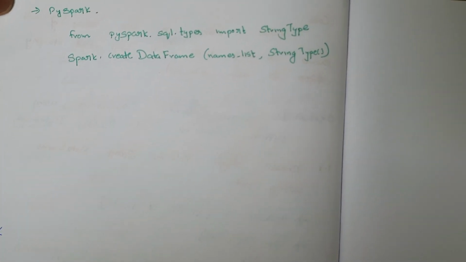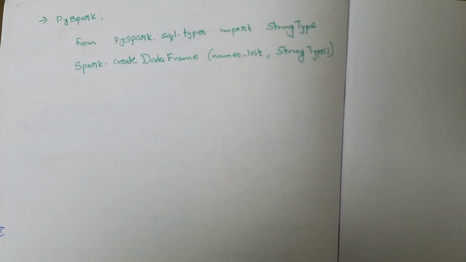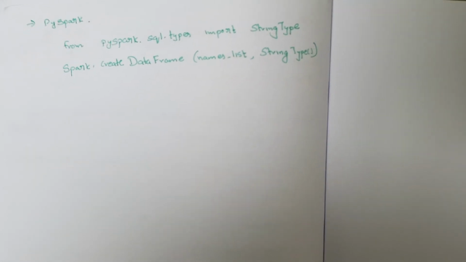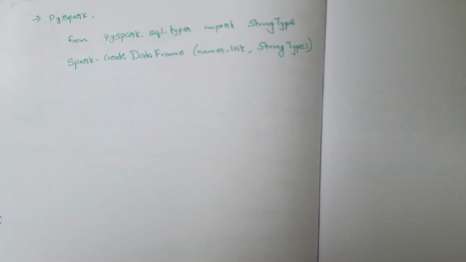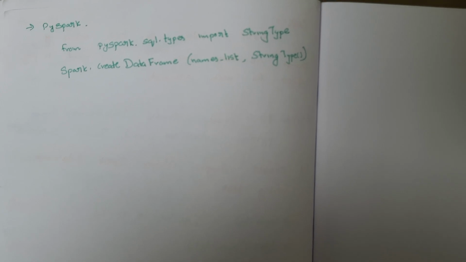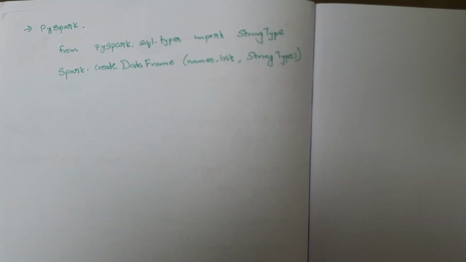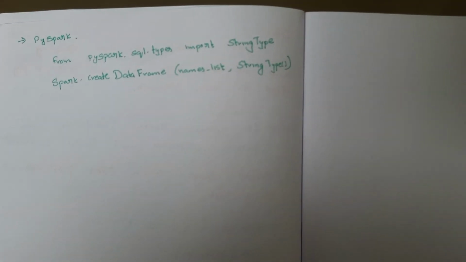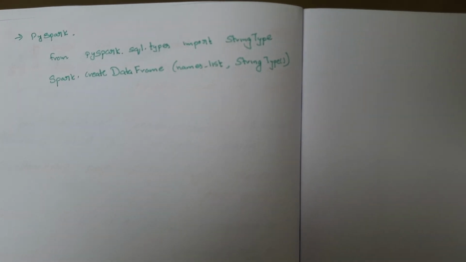For the second option, from pyspark.sql.types import StringType, and then spark.createDataFrame names_list comma the StringType function. If you pass that, the DataFrame gets created.